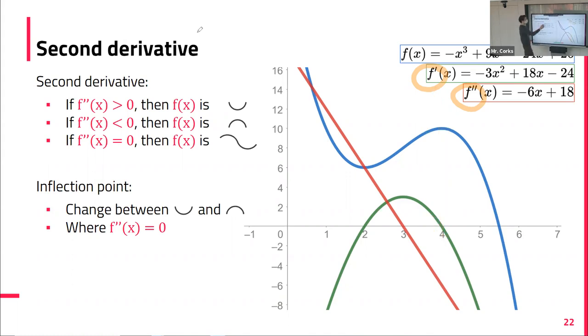So let's actually talk about the blue one and the red one now. The blue one here, we see this curving up pattern and this curving down pattern. For this part of the graph, it's curving up, or we could think of it as speeding up, if that helps.